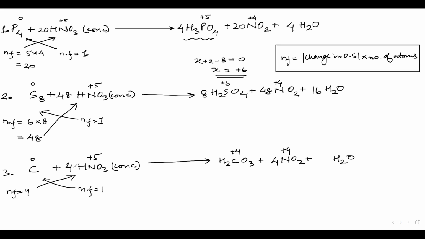Okay, now, how many hydrogens there are? 4 hydrogens here. There are 2 hydrogens here. So only one molecule of H2O we need. Right? Here there are 4 hydrogen atoms. Till here there are 2 hydrogen atoms. 2 is remaining. So one water molecule will give us 2. Okay, now everyone got this.